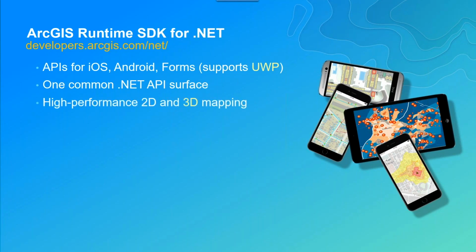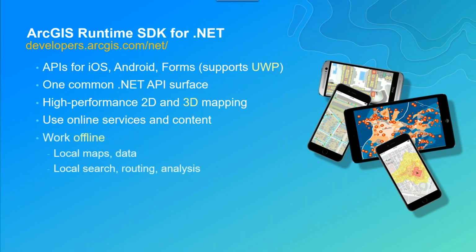it really can make your life a lot easier. So the Runtime SDK, of course, provides high performance mapping and visualization. You can use online services and content. One great thing about this, and you'll see this in Rich's demo, is you could create your map using ArcGIS Online and do all of your cartography work there, and you can just pull that online map or hosted feature services straight into your app.